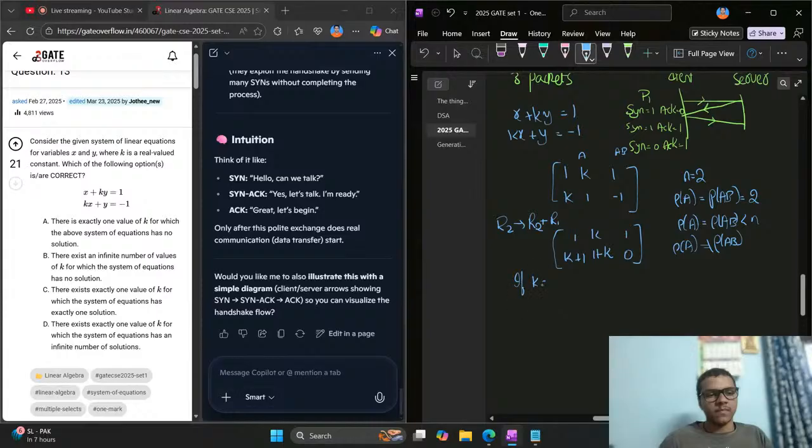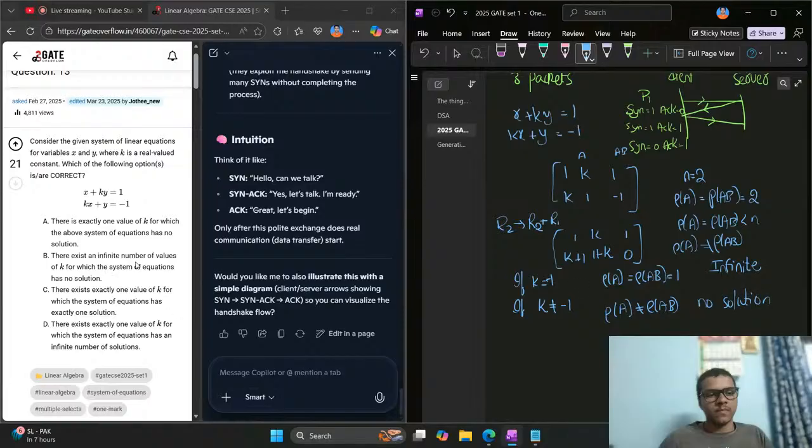If k is equal to minus 1, then rank of A is equal to rank of AB is equal to 1. Infinite solutions. If k is not equal to minus 1, then rank of A is not equal to rank of AB. It's no solution.